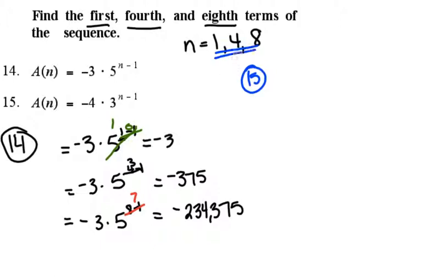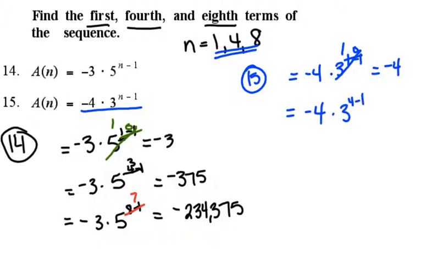All right, now let's take a look at 15. Again, we're still looking for those particular terms in the sequence, but now we're looking at this sequence function. So we have negative 4 times 3 to the 1 minus 1. 1 minus 1 is 0, so that is equal to 1. That is equal to negative 4. For 4, we have negative 4 times 3 to the 4 minus 1.